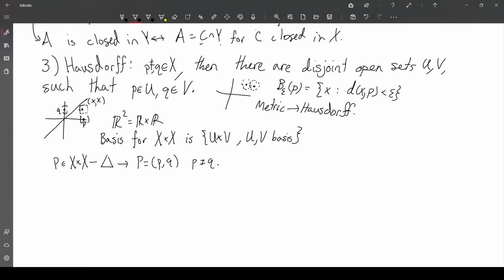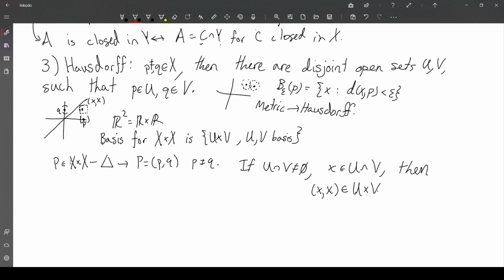And these are actually disjoint because if U intersect V was not empty, so X was some element of U intersect V, then X comma X would be an element of U times V, because X would be in U and X would be in V, so XX would be in U times V. But we're saying that U times V is contained outside of the diagonal.